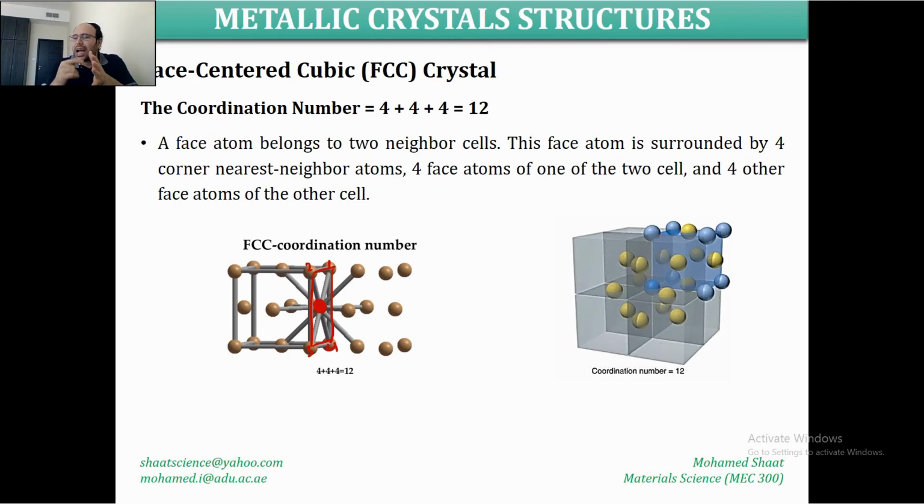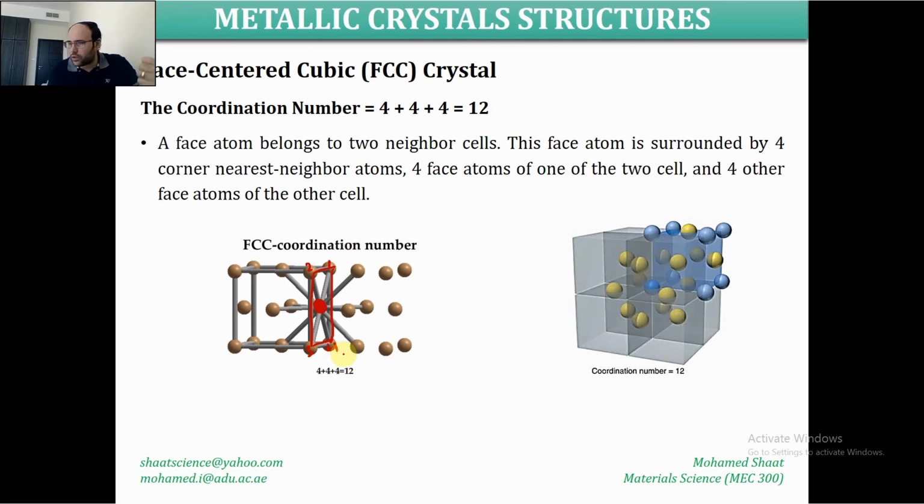You are just going to count the other atoms, the nearest atoms to this atom in the center. We have 1 atom at this corner, 1 atom at this corner, 1 atom at this corner, 1 atom at the other corner. So these are 4. In addition, over the face, it will not be clear here.